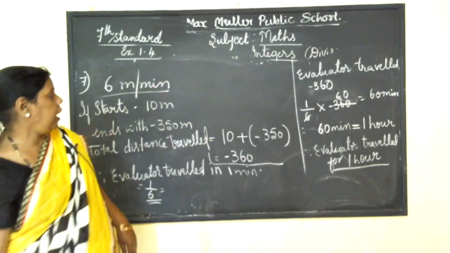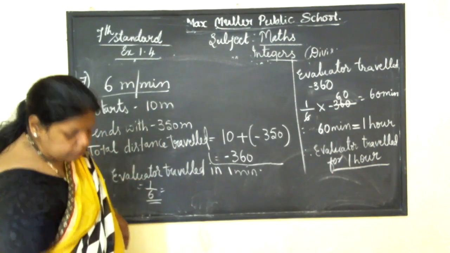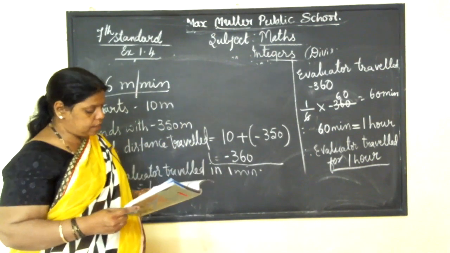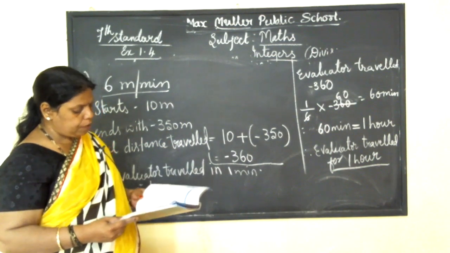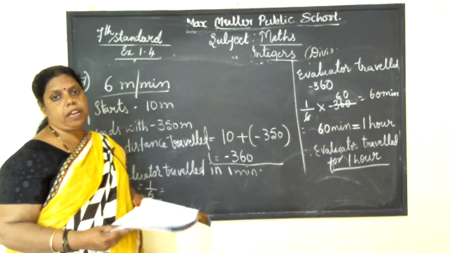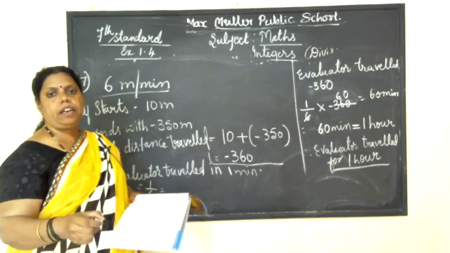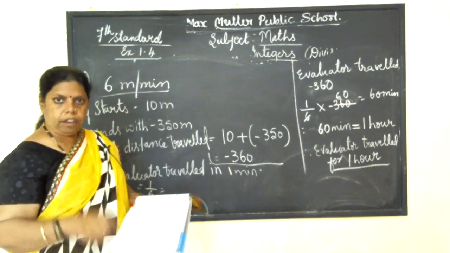I'll say it again. See, an elevator descends into a mine shaft at the rate of 6 meters per minute.